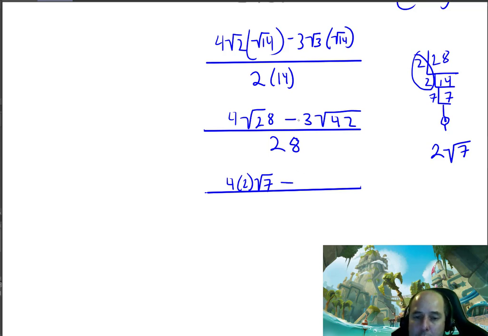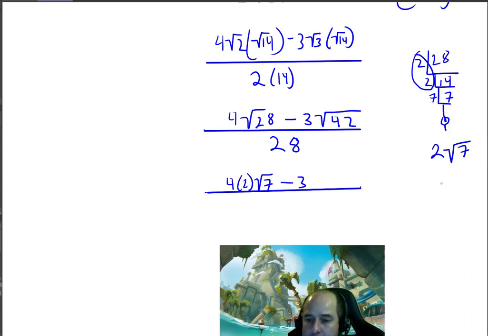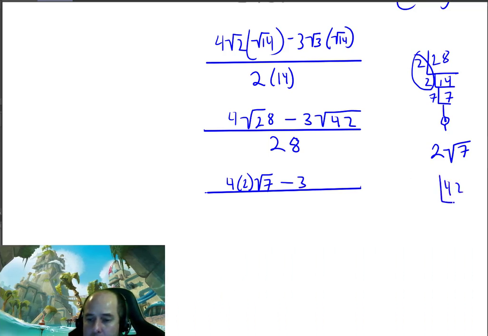Minus 3, and let's go ahead and do the square root of 42. So let's take that 42, and once again do our birthday cake method. You have 2, you get 21. You have 3, you get 7, you take 7, you get 1. Is that right?